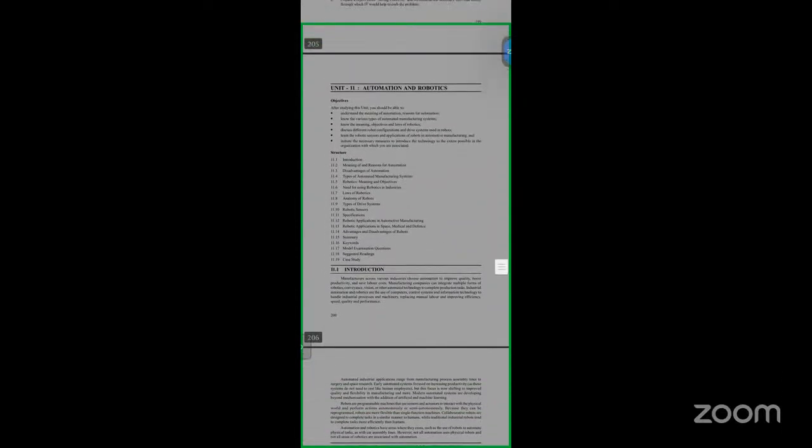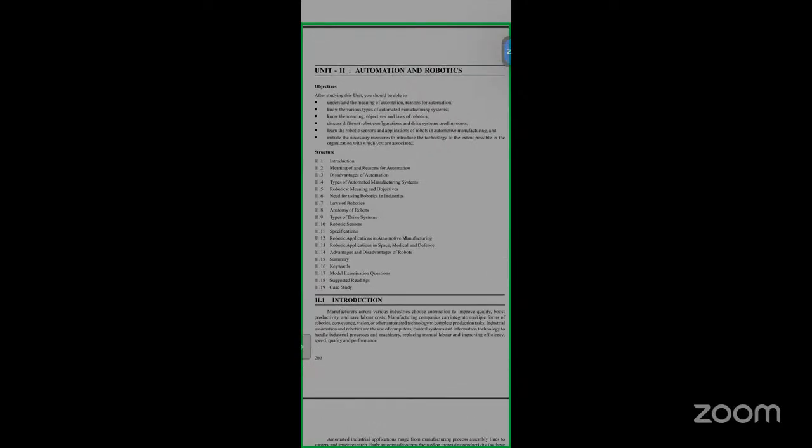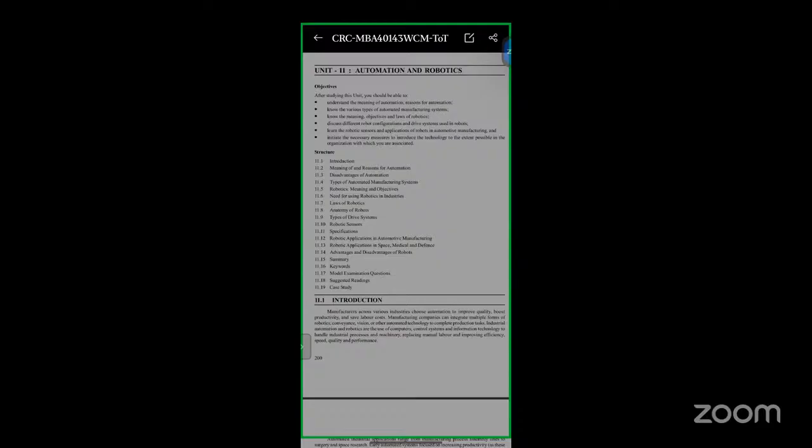And the next one is automation and robotics. In automation and robotics, we talk about the meaning and reasons for automation, disadvantages of automation, types of automated manufacturing systems, robotics meaning and its objectives, need for using robotics in industries, laws of robotics, anatomy of robotics, types of drive systems, robotic sensors, specification, robotics application in automotive manufacturing, robotic application in space, medical and defense, advantages and disadvantages of robots.